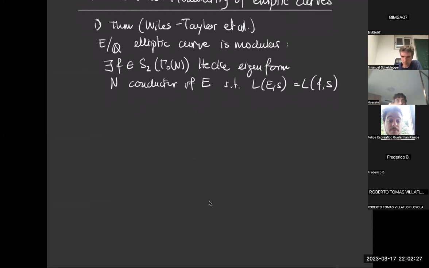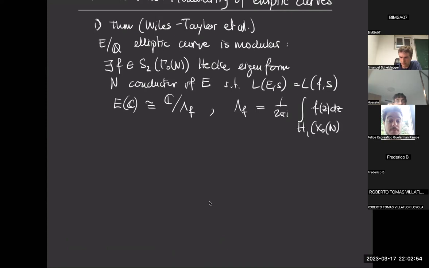More practically, it means that the complex points of the elliptic curve are given by a lattice lambda f, where the lattice is determined by the modular form f, which can be described as the integral of f of tau d tau over the homology lattice of the modular curve X0 of N.